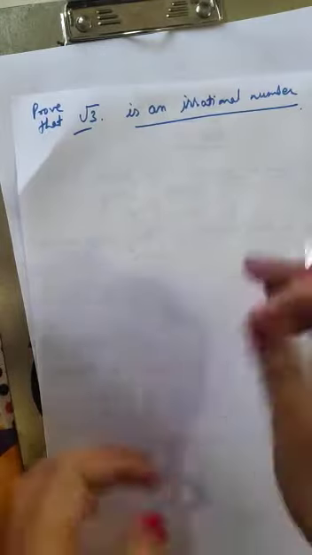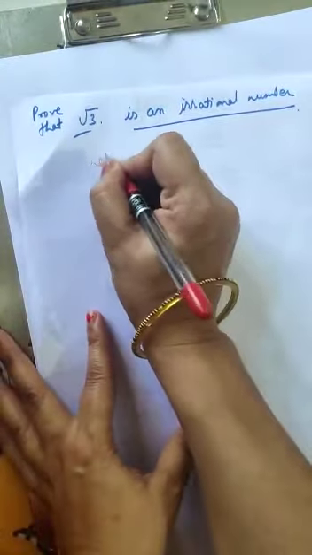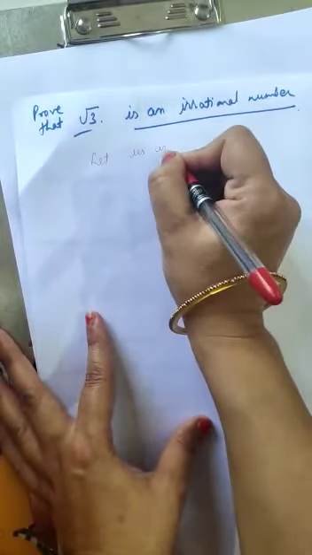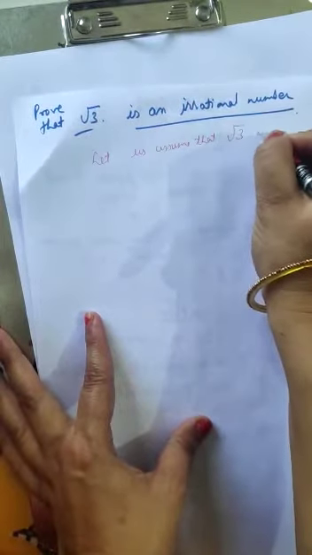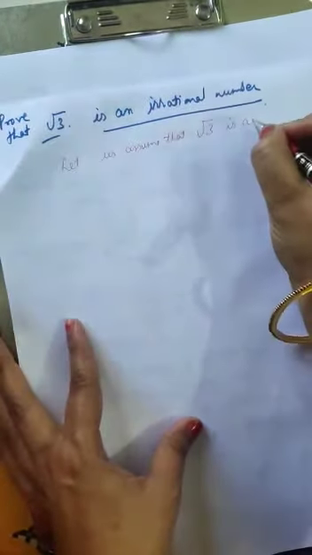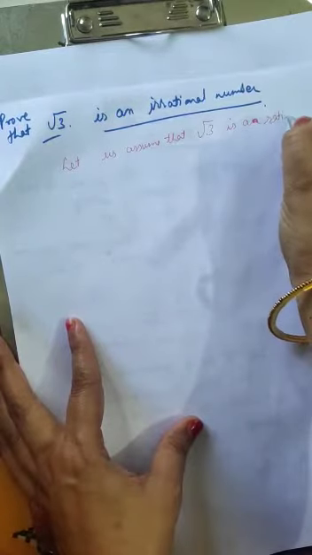In the method of contradiction, let us assume that square root 3 is a rational number.